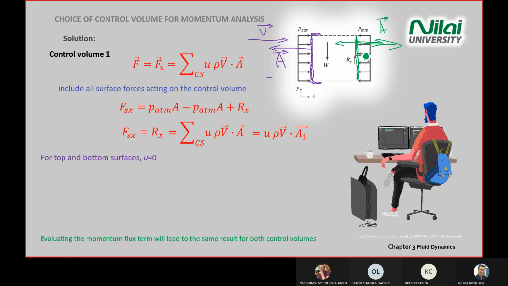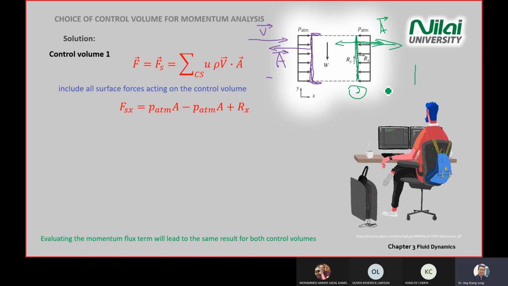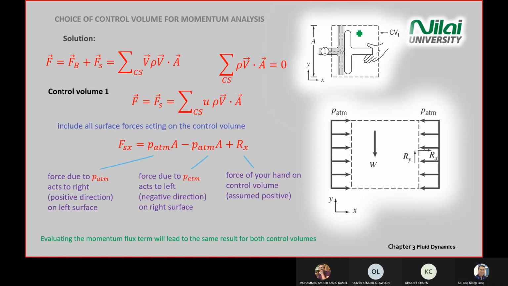And then what about the velocity? Where does the velocity go for control volume number 2 here? Left. Look at the system. Where does the velocity go? It goes up, right? Go up, go down, right?